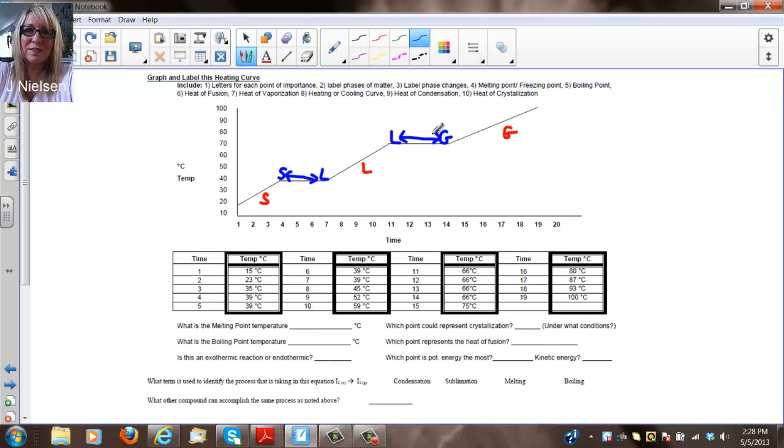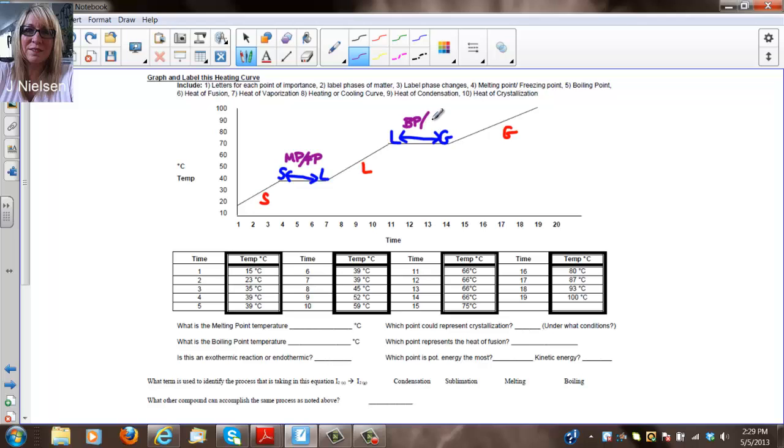Then they want us to label the melting freezing point. So this is also our, I guess we would call this our MP/FP, and this would be our boiling point.